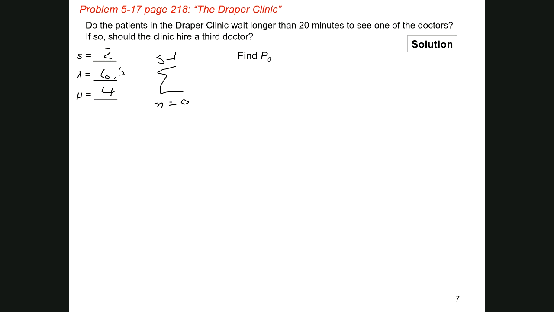And what we're going to sum is this term: 1 over n factorial times lambda over mu, raised to the nth power. Then we have another term, but I'm not going to write that term out yet.